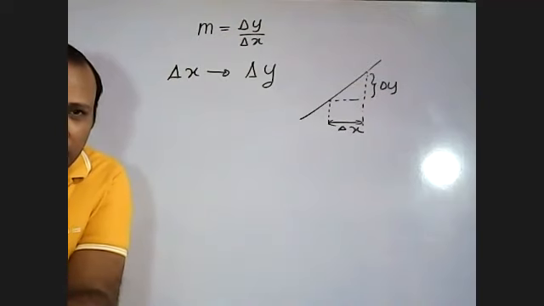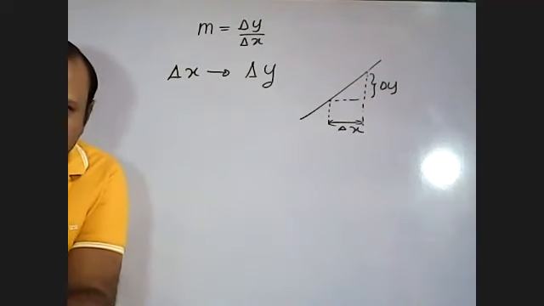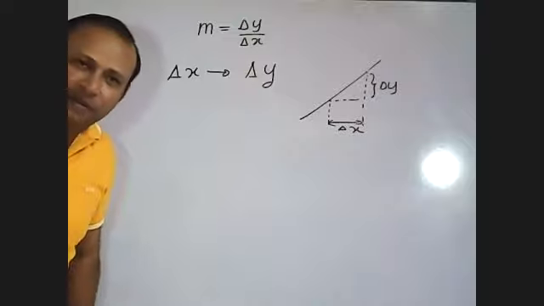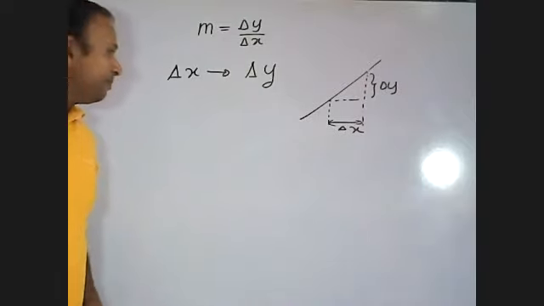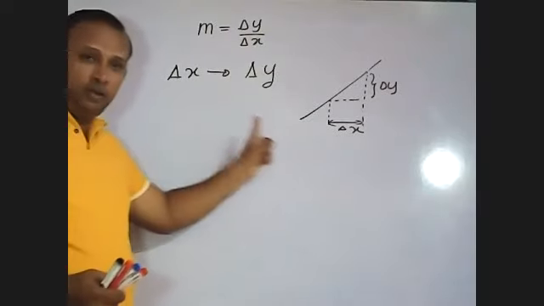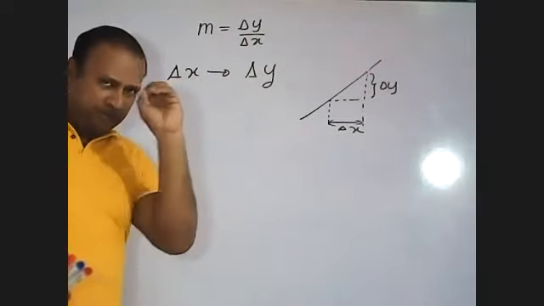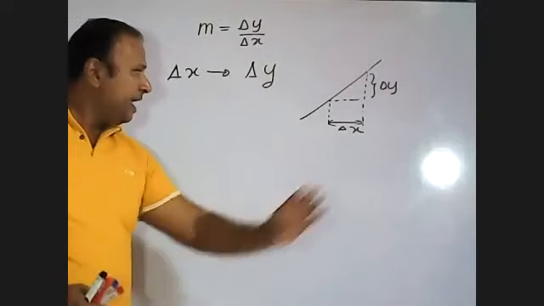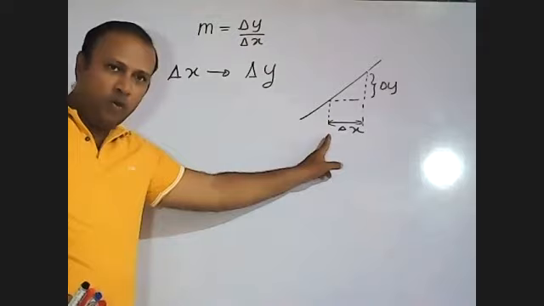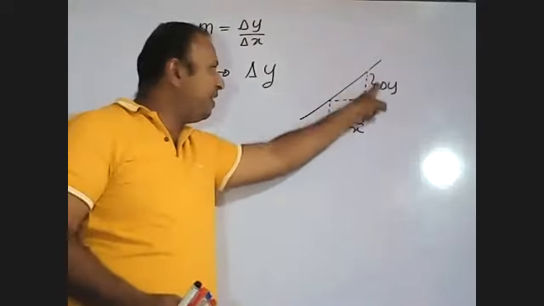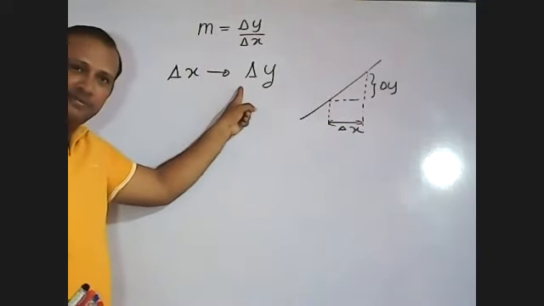No. Look at my question again. Everyone, please listen very carefully. If I change the x value by delta x amount, the change in y is equal to delta y.